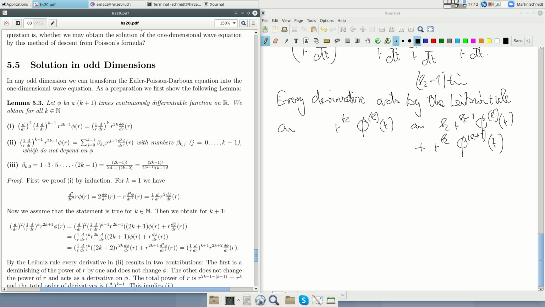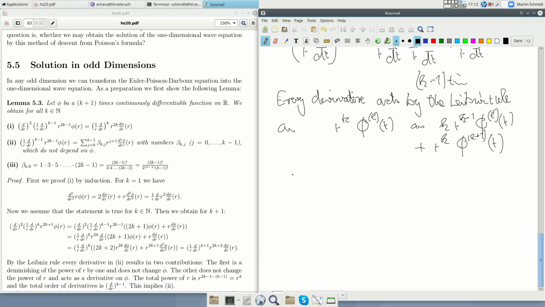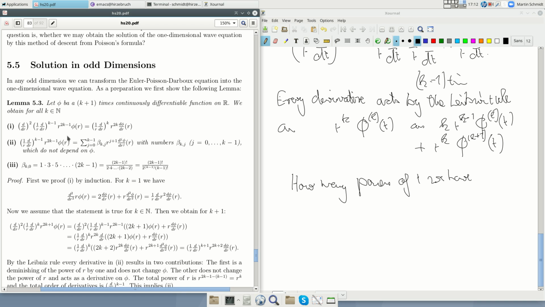Now, how many derivatives do we have, or how many powers of r do we have first in this expression?